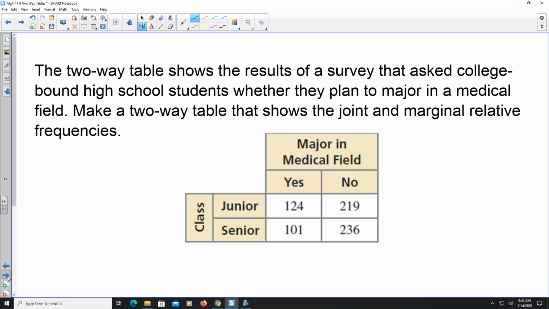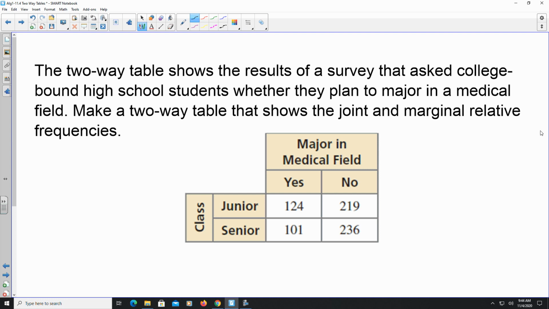Okay, so what we can say here is, all right, if you're a junior, looks like 124 students said yes, 219 said no. As a senior, 101 said yes, 219 said no.